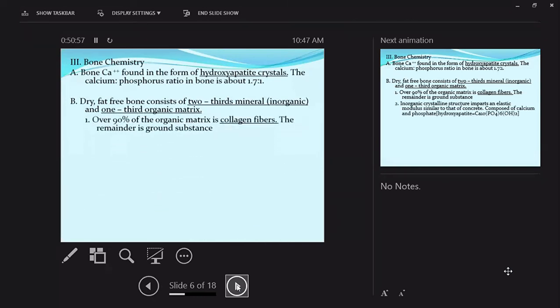What is your organic matrix? 90% of the organic matrix is your collagen fibers. The remainder is ground substance.